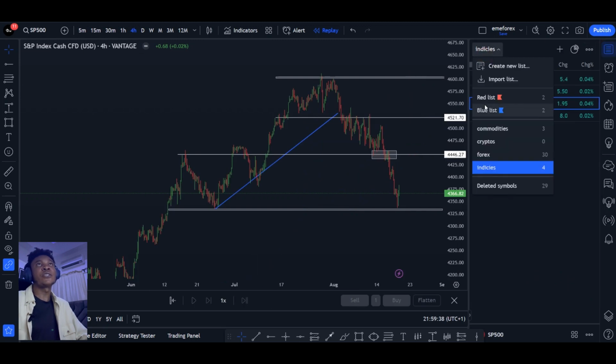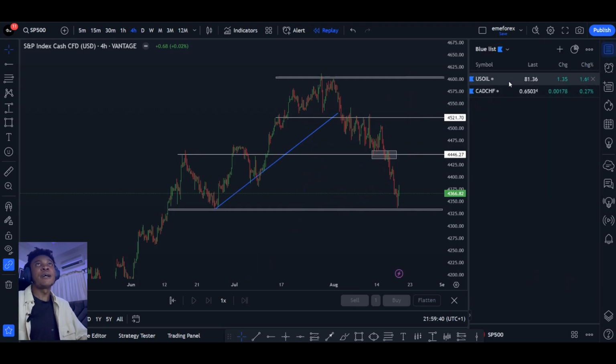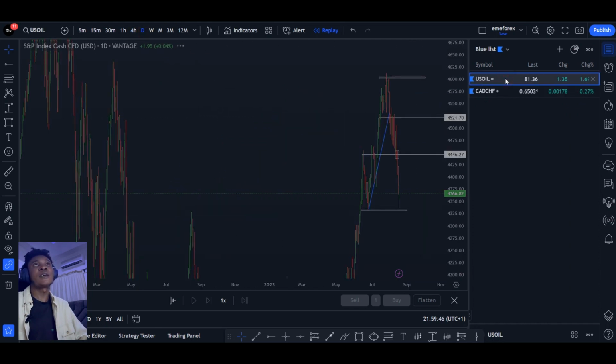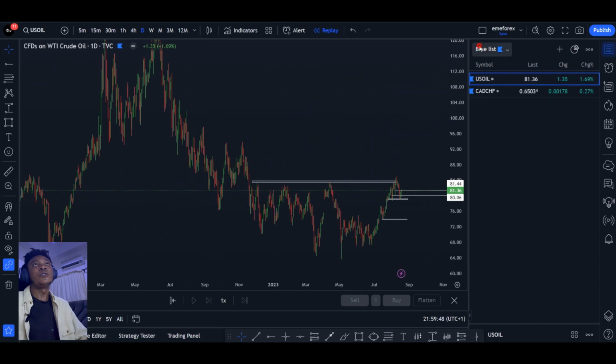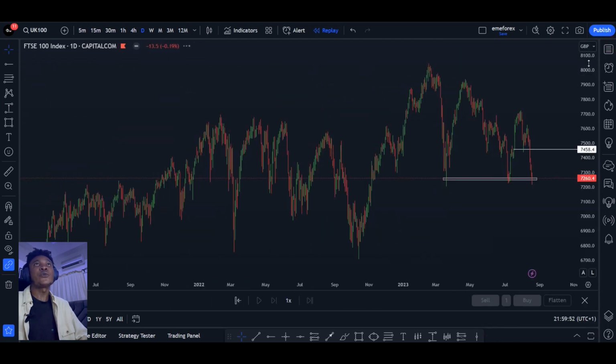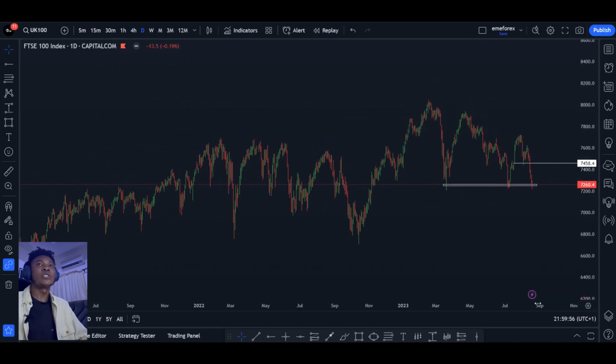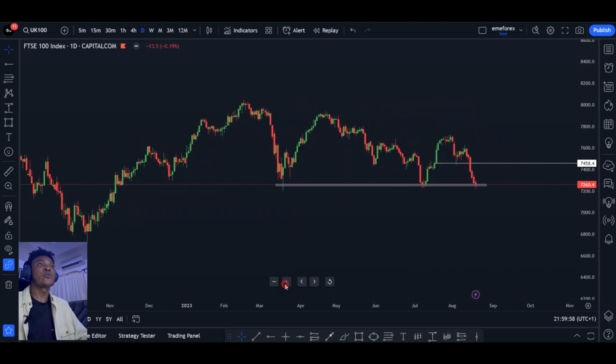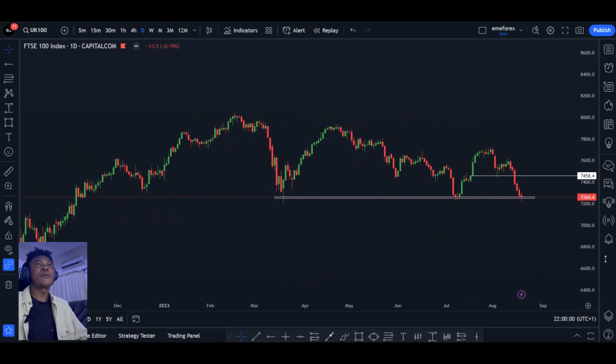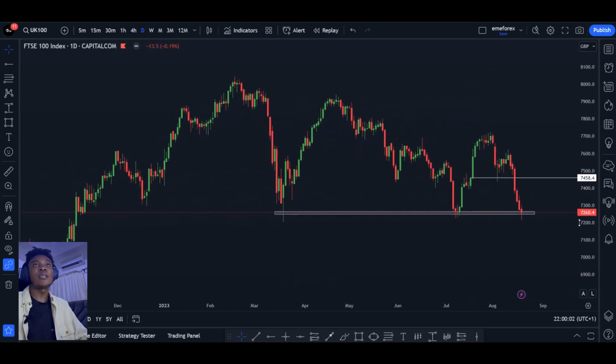So over to the next section of this video, which is the pairs that I'm looking at for the coming trading week. On the red folder, I'm looking at UK 100. This is the pair I'm having on watch. This is the pair that is closest to the entry points that I'm looking to take.